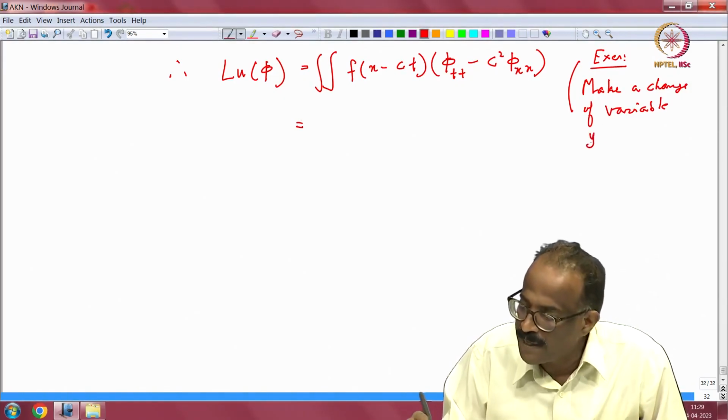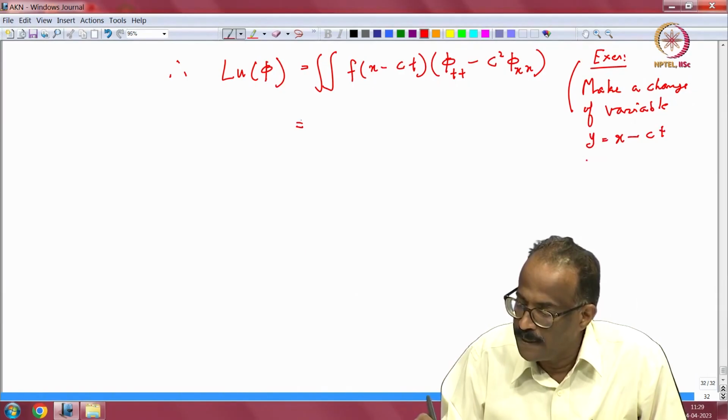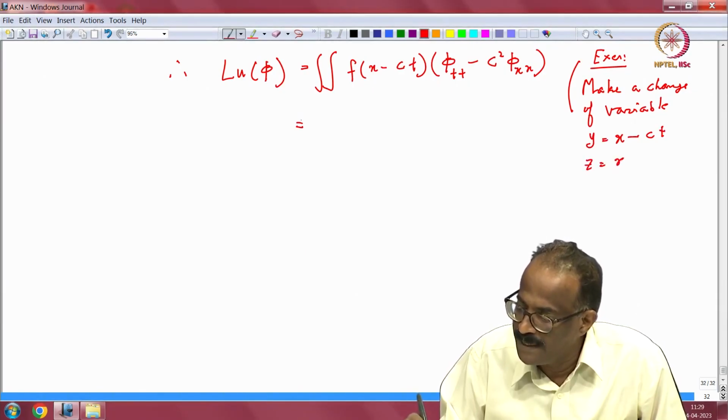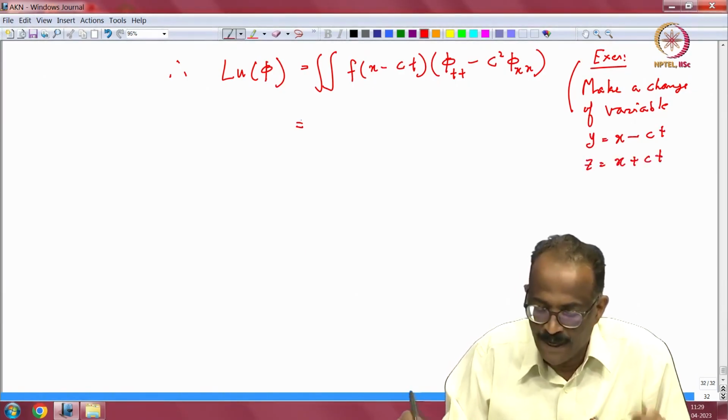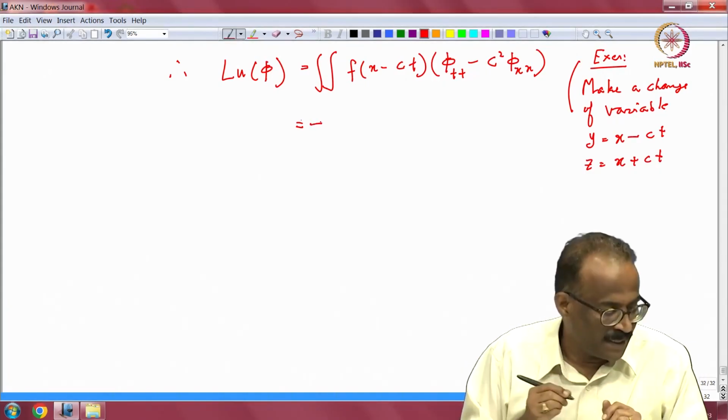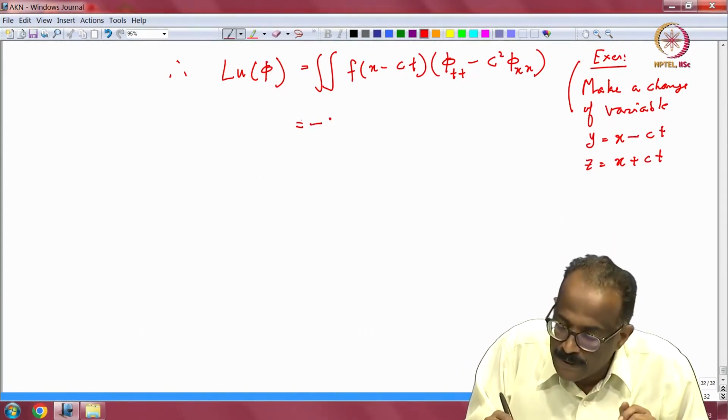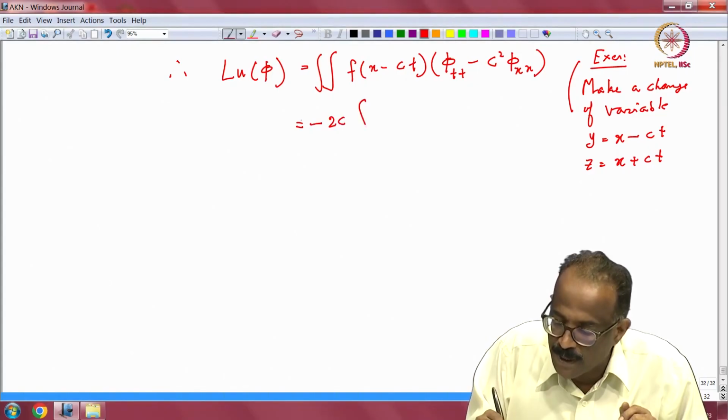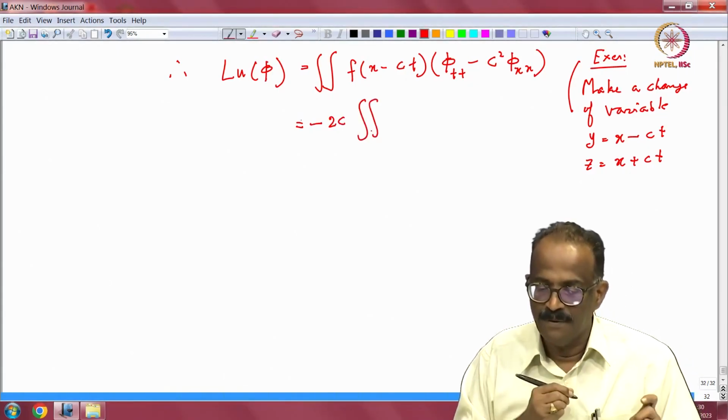y is equal to x minus ct and z is equal to x plus ct, and I hope this sign is correct. I don't remember exactly the variable.